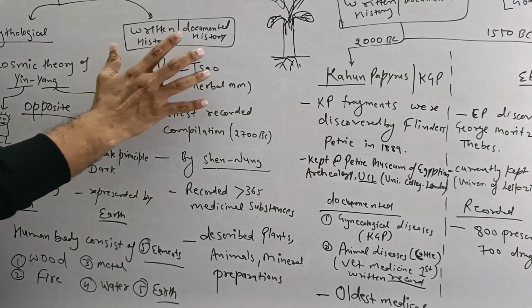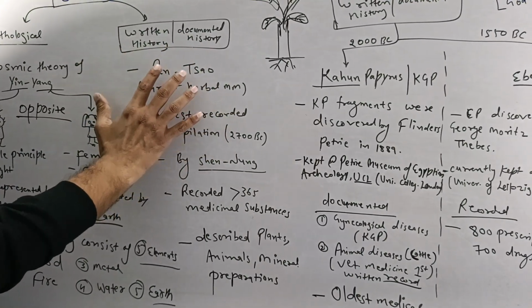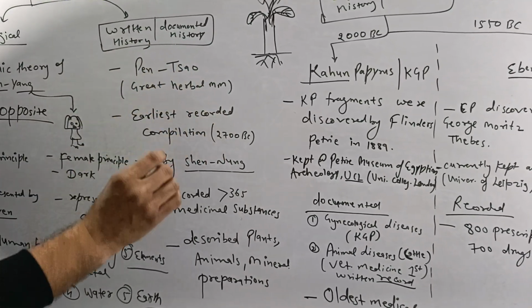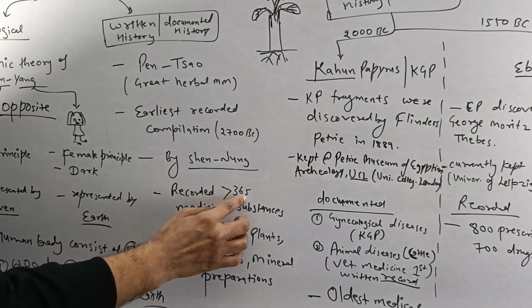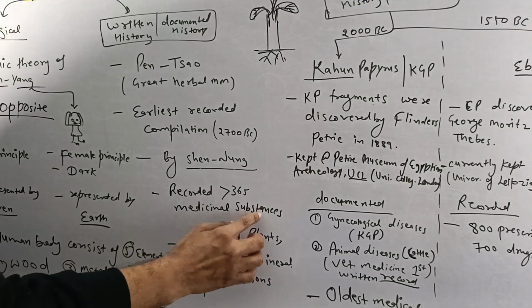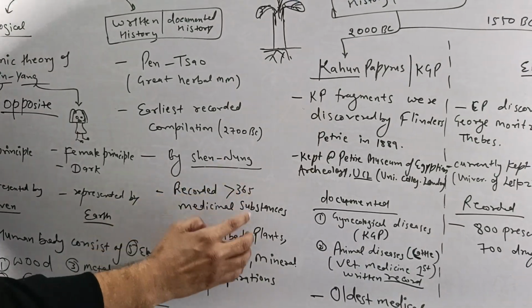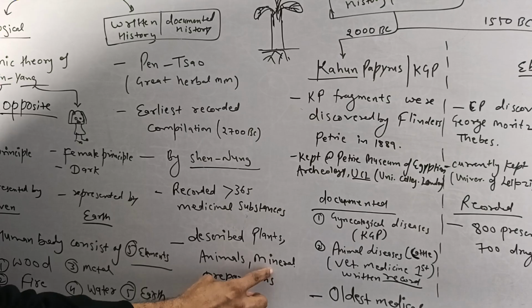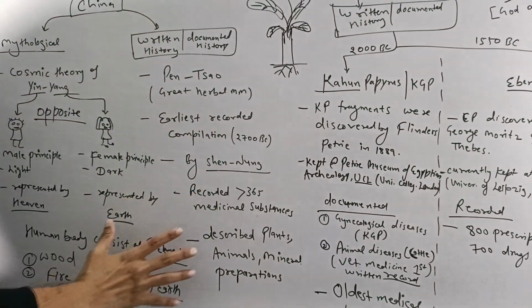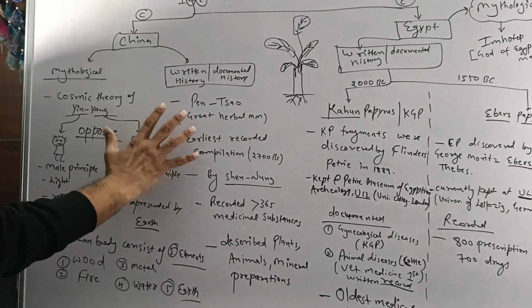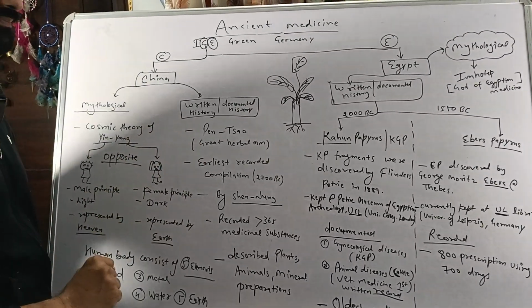In this Pensao materia medica, more than 365 medicinal substances are recorded, which include plants, animals, minerals, preparations. So this is about the Chinese ancient medicine.